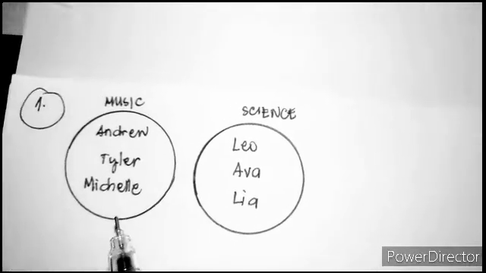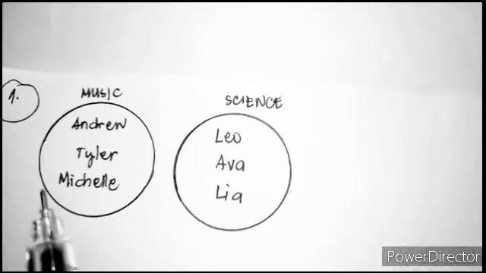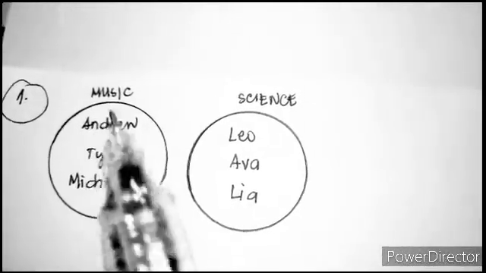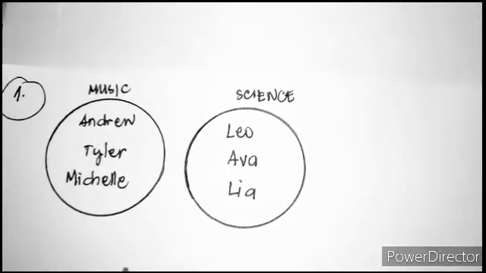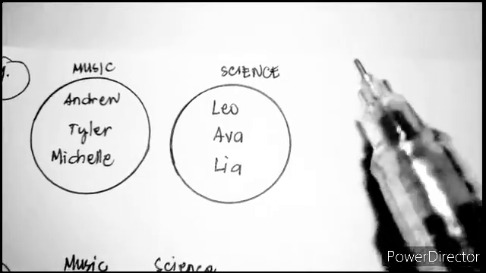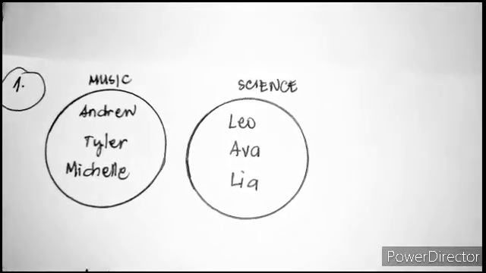In the first set, we have music. Then the second set, we have science. In music, we have Andrew, Tyler and Michelle. So the three of them like music. While in science, we have Leo, Ava and Leah.